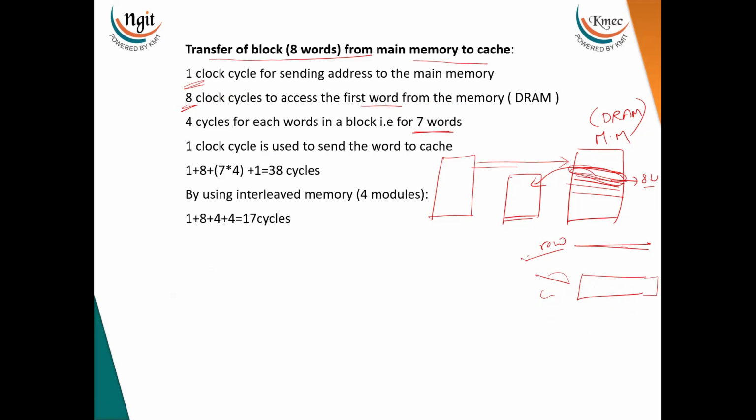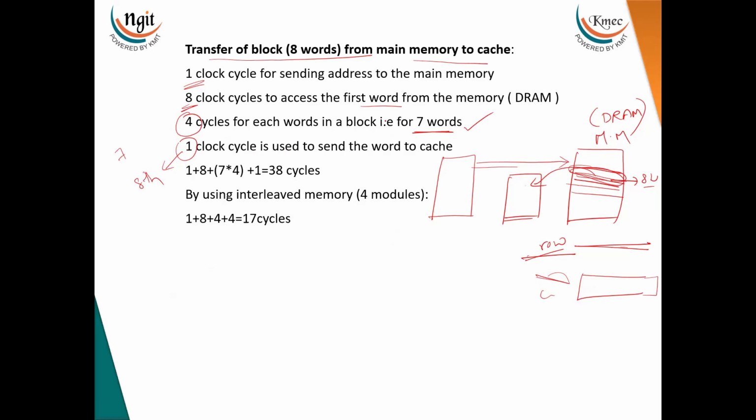Why? Because once the row is activated, there is no need to activate the row again and again. Only columns are activated, so only 4 clock cycles are required for each remaining word. And one more clock cycle is needed to store the data from the main memory into the cache memory. This is for the last, 8th word. Now coming to the remaining 7 words.